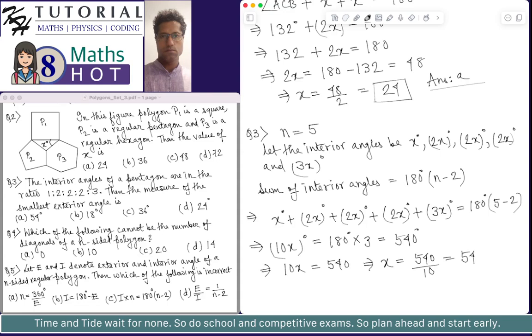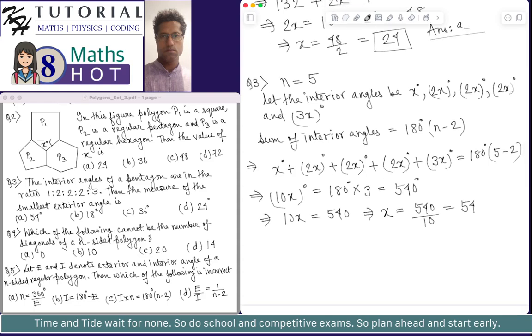Now it is asking the measure of the smallest exterior angle. Smallest exterior angle will be the exterior angle where the interior angle is largest. So one thing you must understand: if you have a polygon like this, so this is let's say an interior angle.